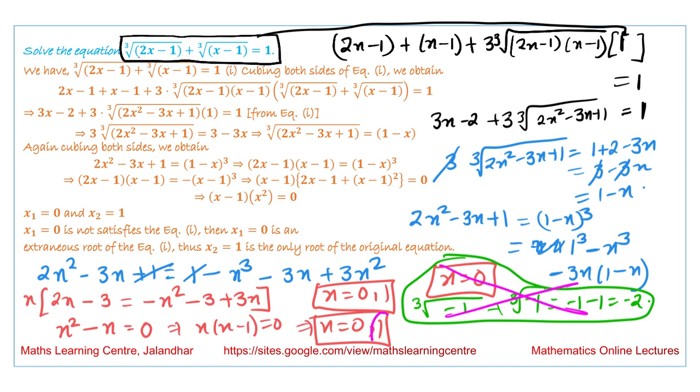If we substitute x is equal to 1, the answer we obtain is cube root of 1 plus cube root of 0, that is equal to 1. So it is satisfying the given equation. So the only root in this case is x is equal to 1. We are saying x is equal to 1 is the only root of this given equation.